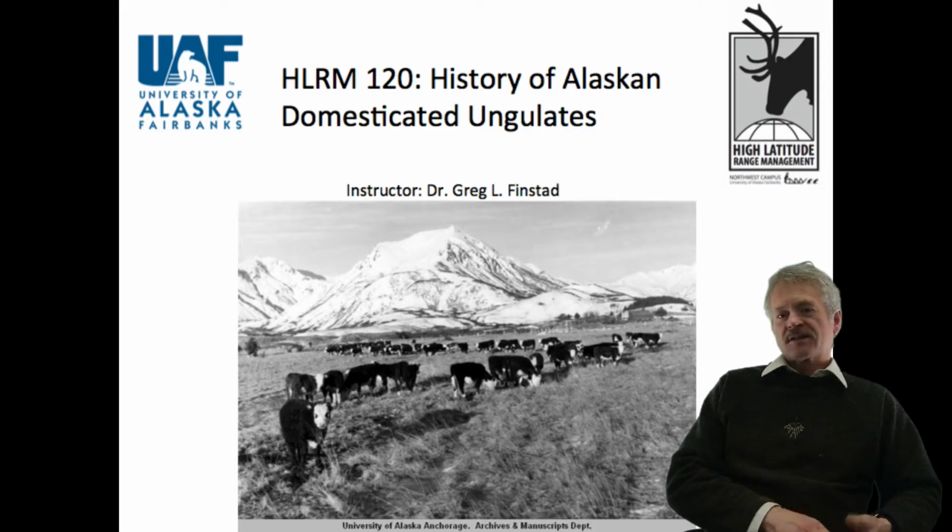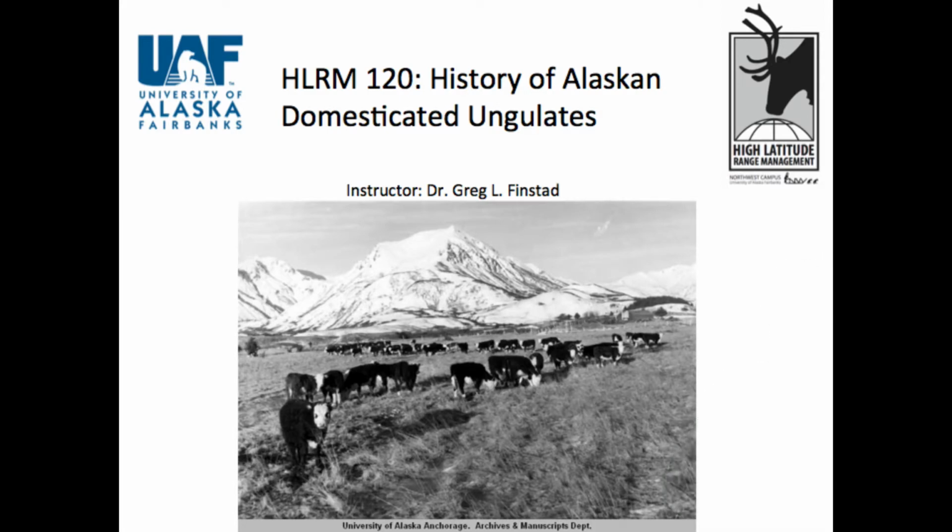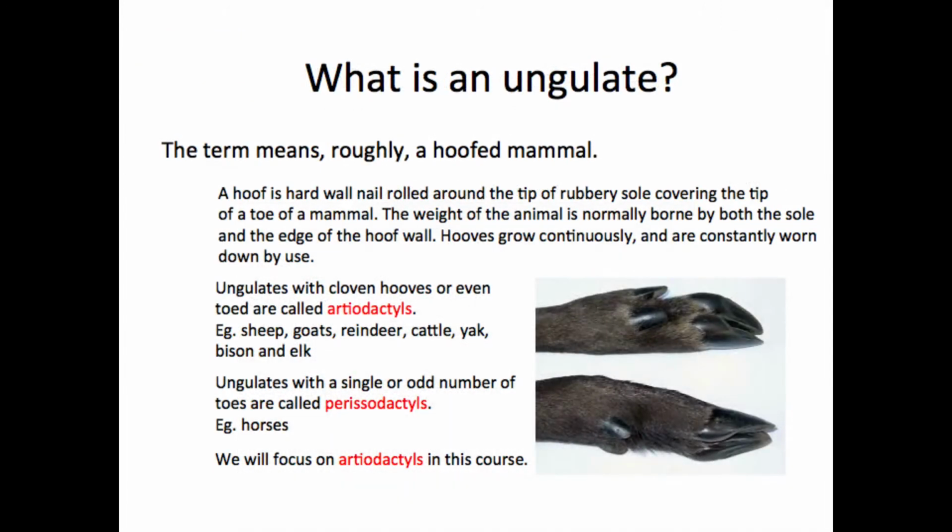But first, let's go over some terms. Some of you may not know what an ungulate is. What is an ungulate? An ungulate is a hoofed animal. You can either have a cloven hoof, a split hoof, an even number of hooves, which we call artiodactyls.